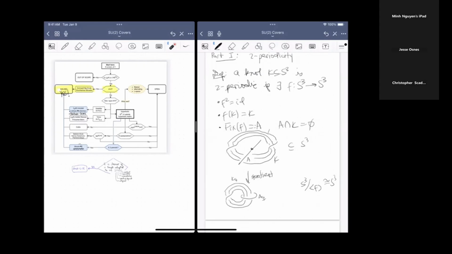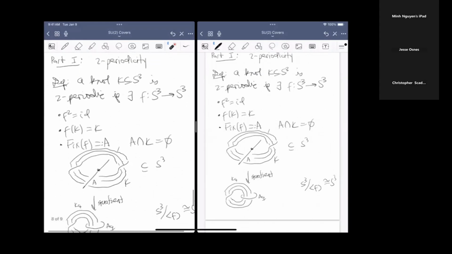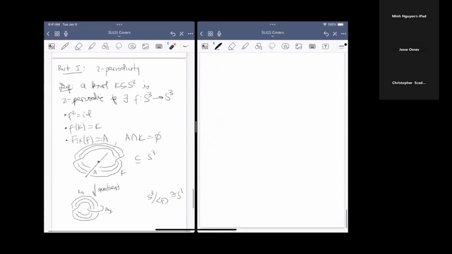And so why do I know that two periodicity is then going to guarantee the existence of SU2 representations?